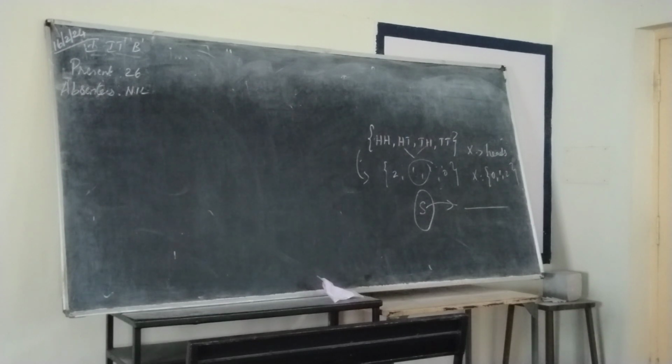A random variable is a real valued function that maps the sample space of the random experiment to real values.